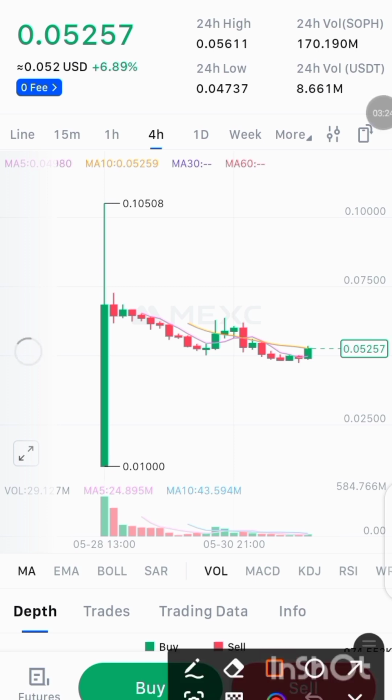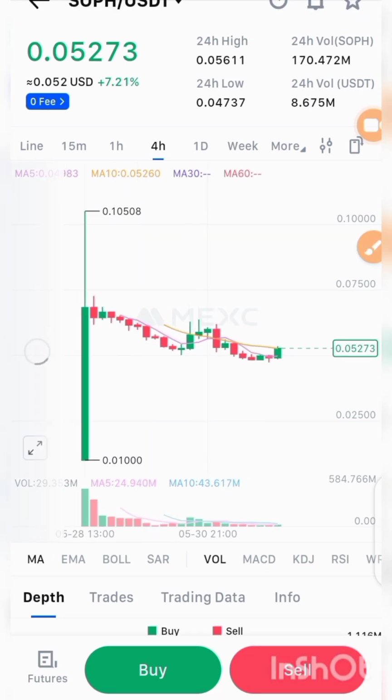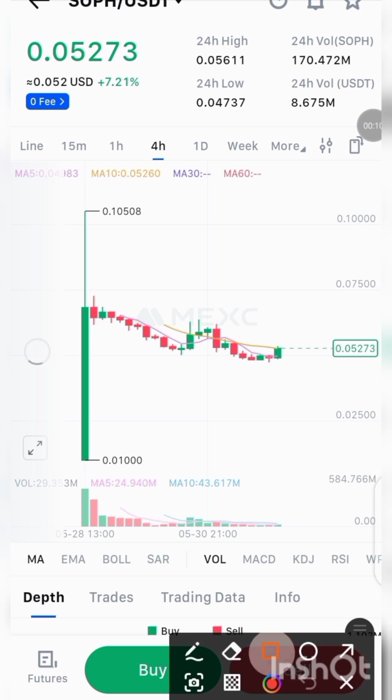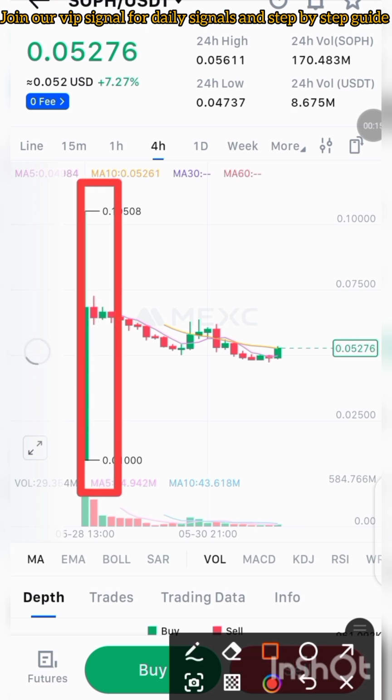Most coins, 80% of the coins that are listed, look like this. And over here you can see this long bullish candlestick is quite different from the future, which is perpetual. Are you getting what I'm saying?